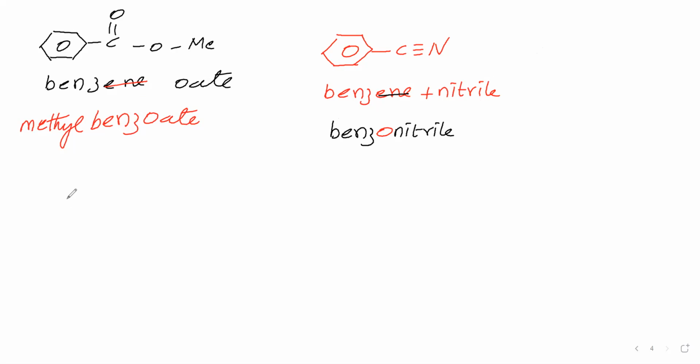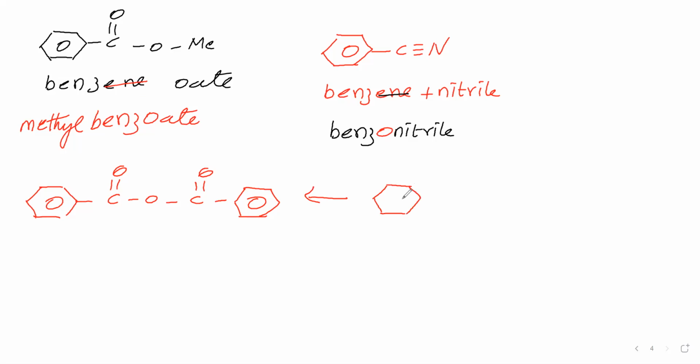Next, we will take the anhydride C6H5 COO CO C6H5. We will see which compound we are preparing this anhydride from. We are taking benzoic acid, and another benzoic acid.